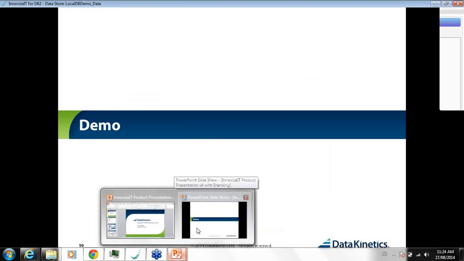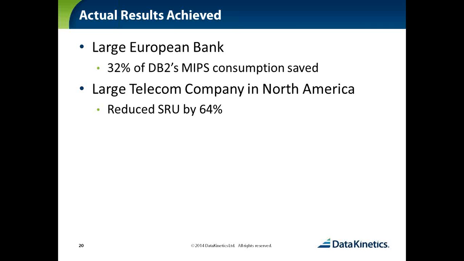In this case, that was millions of dollars in savings and a very successful return on investment. Obviously, results vary based on the size of the system. A large telecom company in North America had even more substantial gains, reducing their MIPS by 64%. Unfortunately, again, I am not allowed to give the name of that company.